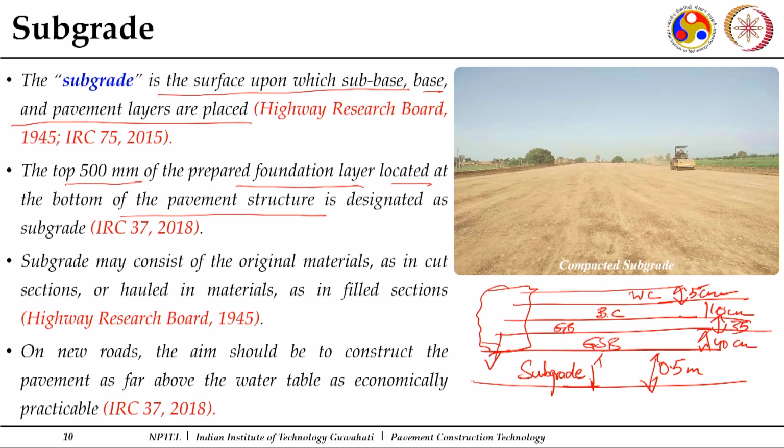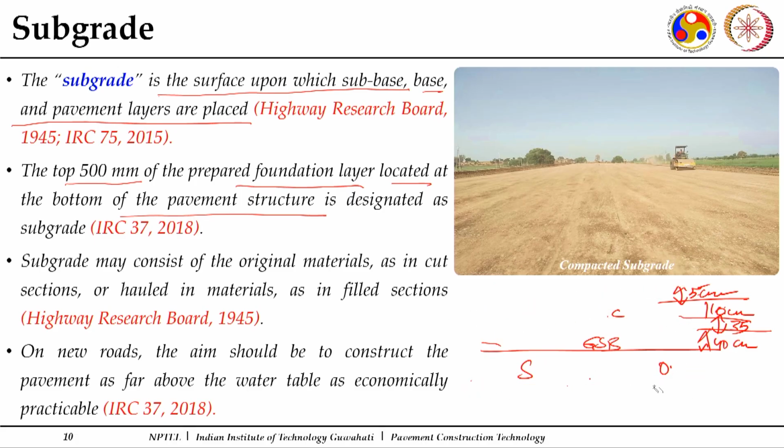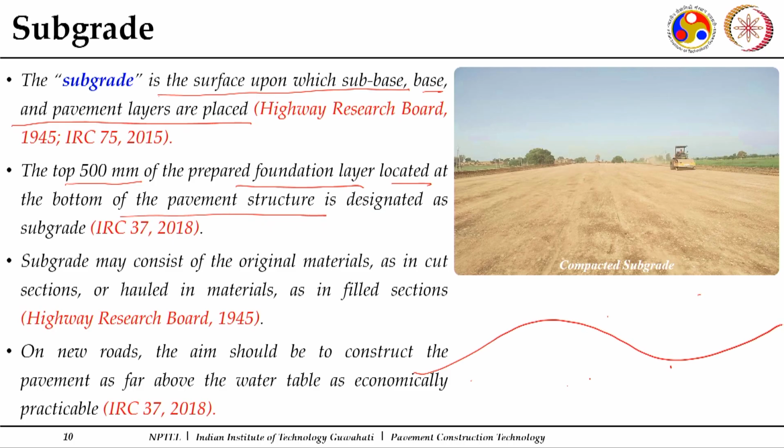Even if it is in a cut area, I have to go down, I have to cut up to the subgrade bottom. If I am constructing a road in this manner, this is how it looks like. So, this is in a cut portion.